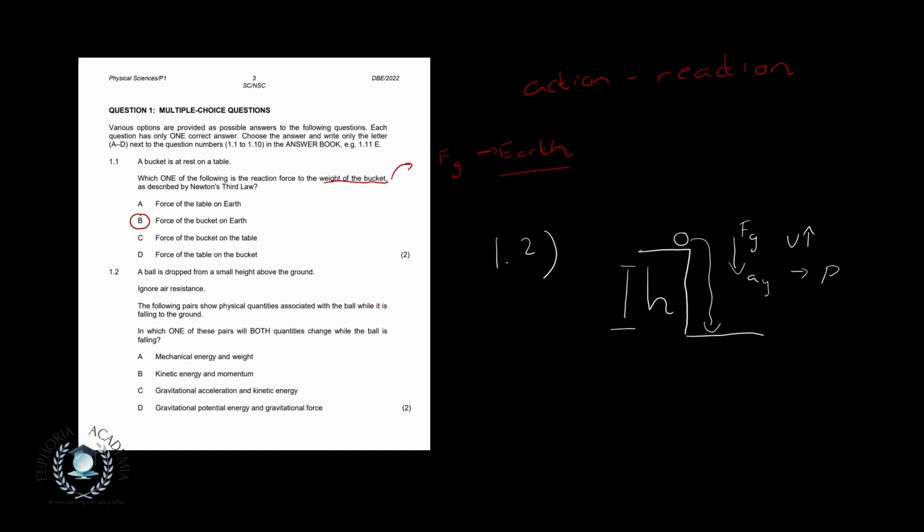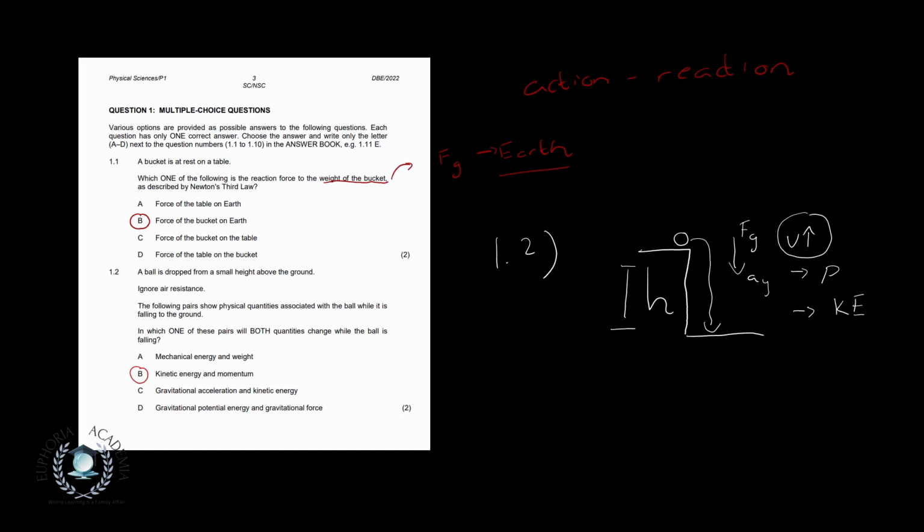Well, momentum as well as kinetic energy. I'm just looking at the physical quantity that's changing, which is velocity. That's just me giving you the answer actually, because we will see that kinetic energy and momentum is part of the option set. So because velocity is changing, that will be our answer: kinetic energy and momentum.